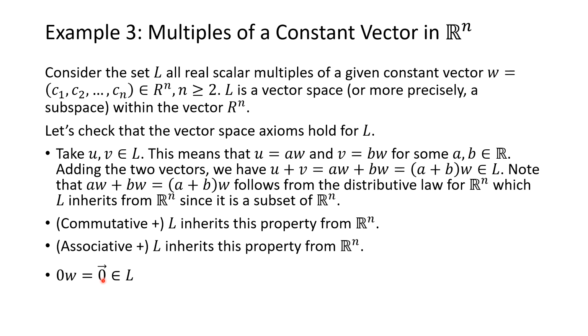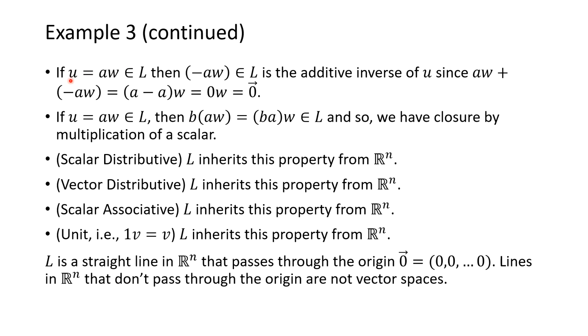So I put the little vector symbol on top of the 0 just to make clear the distinction. If U equals AW is an element of L, then we can just take minus AW, which is the additive inverse of AW, and I kind of proved it here where you factor the W out and you get A minus A, which is 0. This is just two real numbers subtracted from each other. That's 0 times W, which equals 0. So the additive inverse law holds.